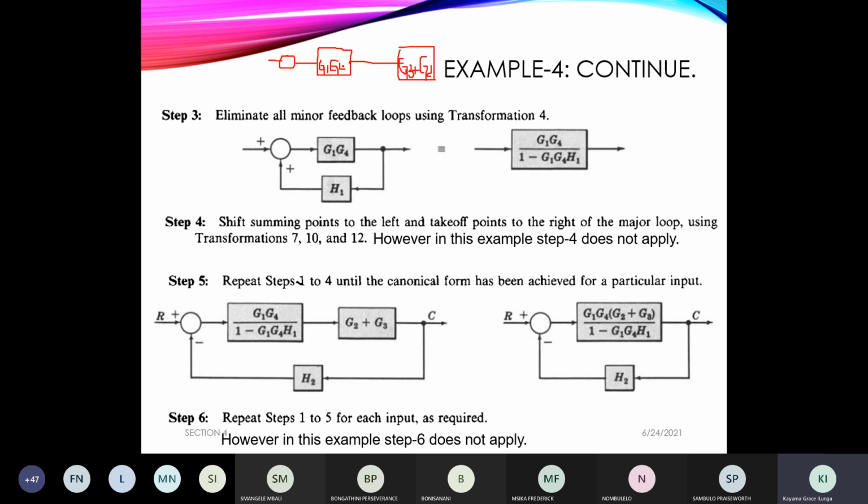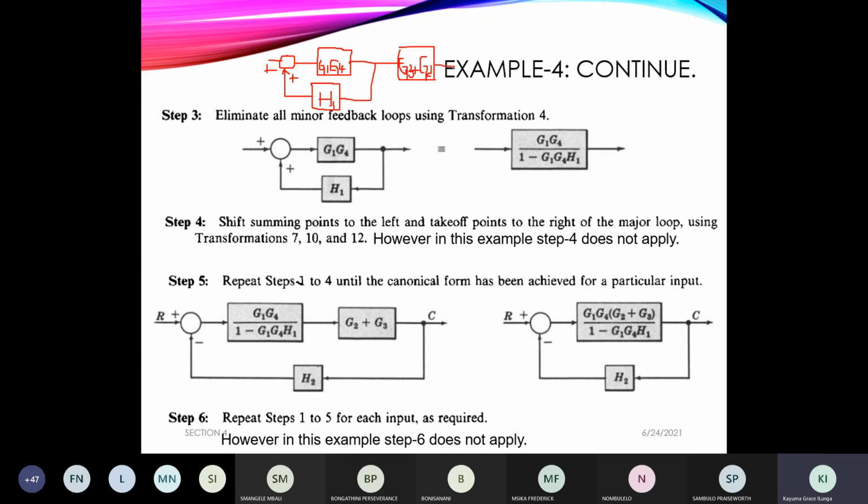Okay, so in between here we have this feedback H1, here. Then this one is going to the feedback there. Okay, there is plus there and there is plus there. So this is what we have.